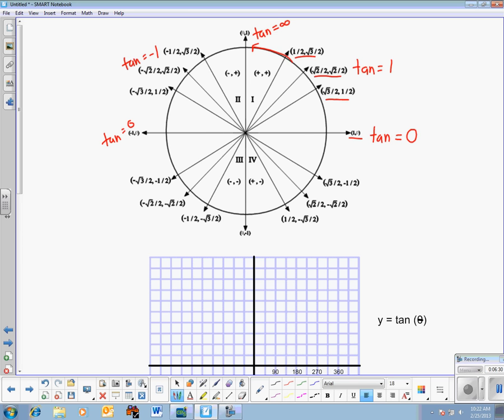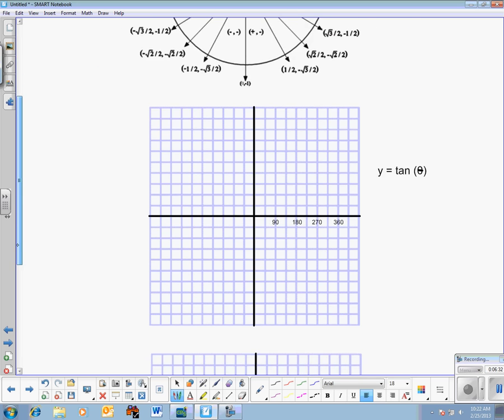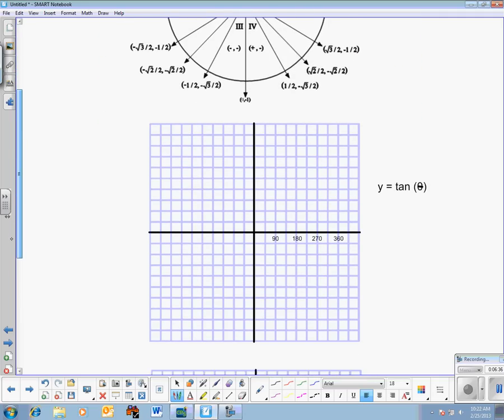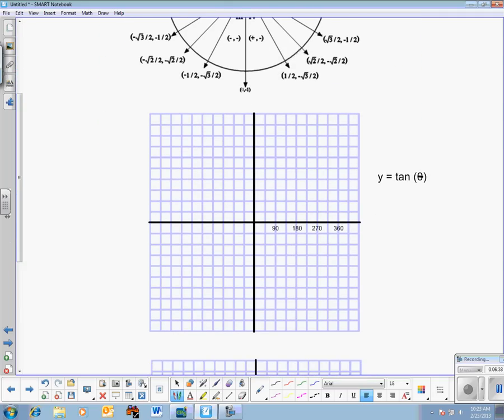And let's just sort of follow that pattern and create a graph. Tan is undefined at 90, and it's also undefined at 270, and negative 90 and negative 270. So let's throw some asymptotes in. 90 degrees, not allowed. The tangent will not cross this value.